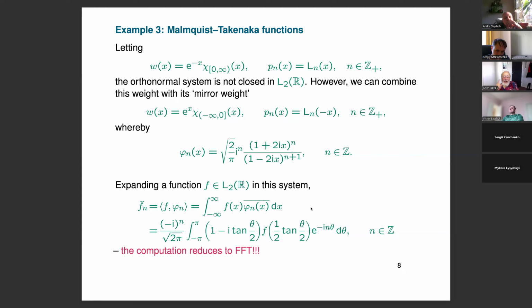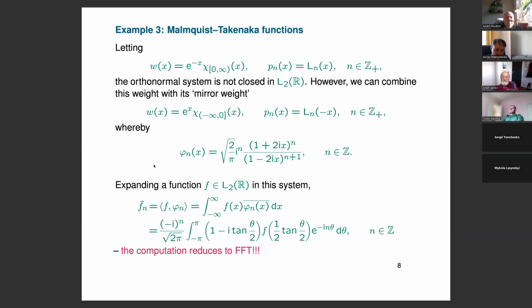However, we are adding to these functions the mirror weight of this weight. So a weight that lives in minus infinity to 0, and there it is e to the x, which of course decays when you are moving to minus infinity. And then our orthonormal polynomials are Ln of minus x.